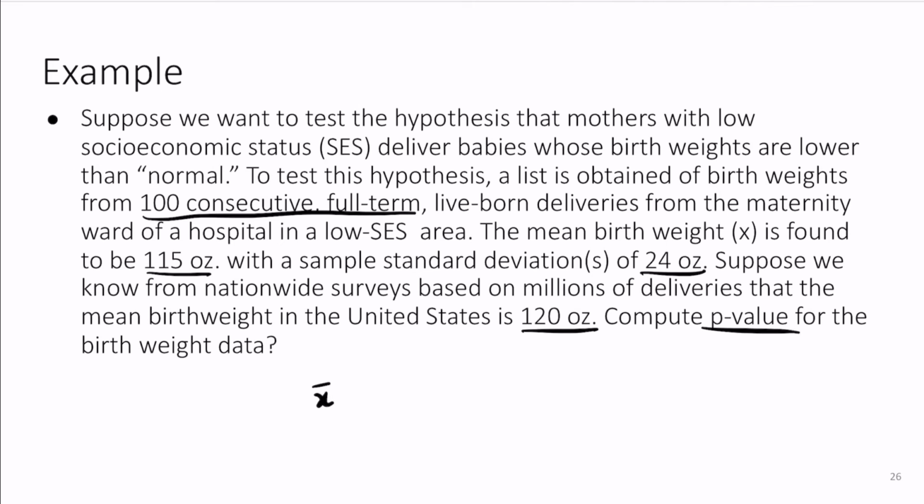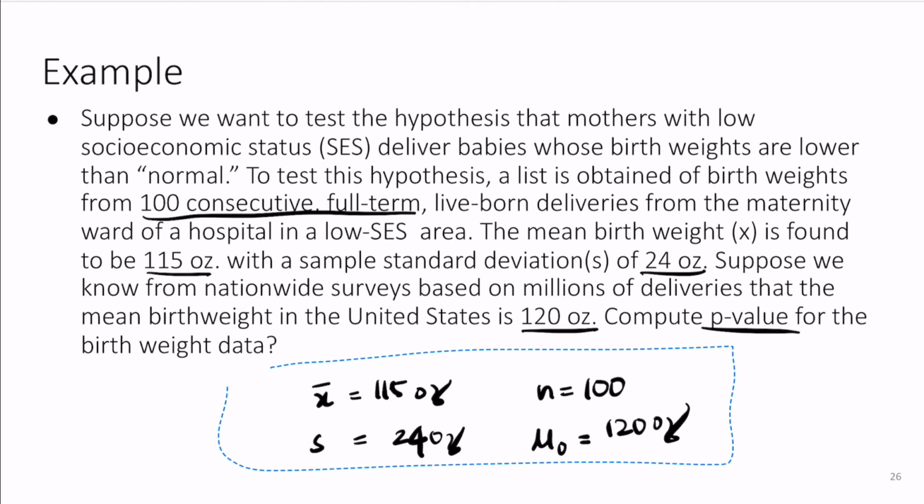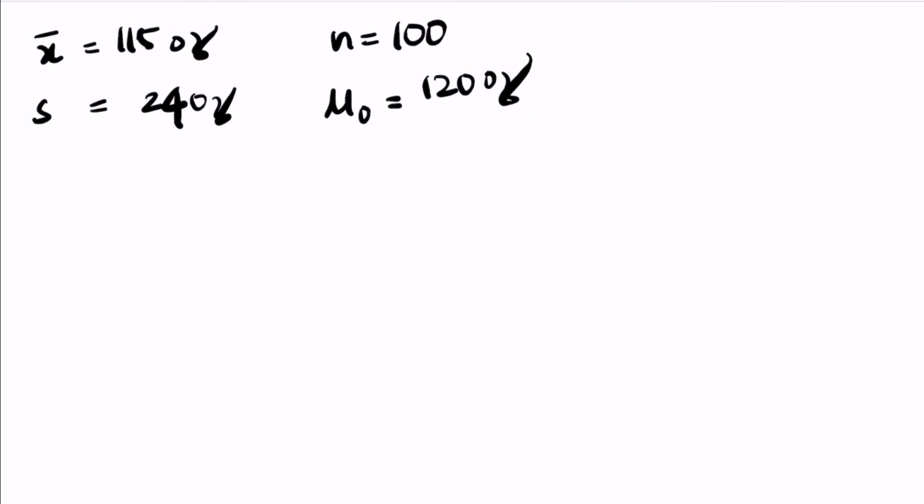So we have x bar 115 ounces, s which is 24 ounces, n which is 100, and mu naught which is 120 ounces. Based on this data, let's try and calculate the p-value for this problem.